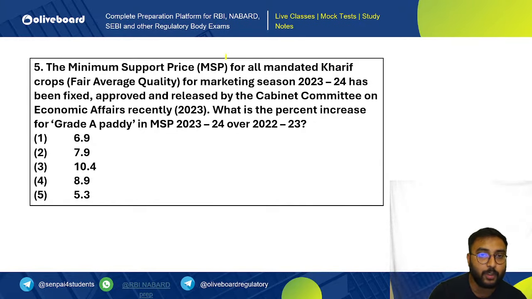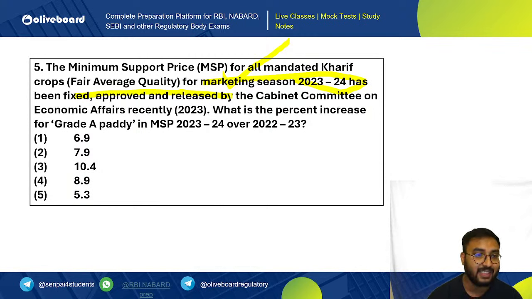The minimum support price for all mandated kharif crops for marketing season 2023-2024 has been fixed, approved and released by Cabinet Committee on Economics Affairs recently for the year of 2023-2024.